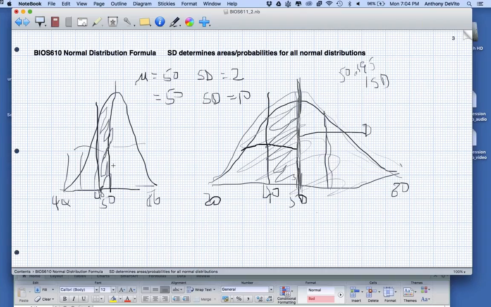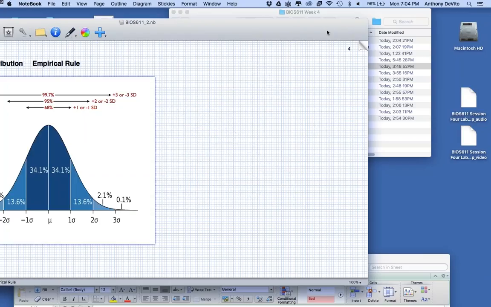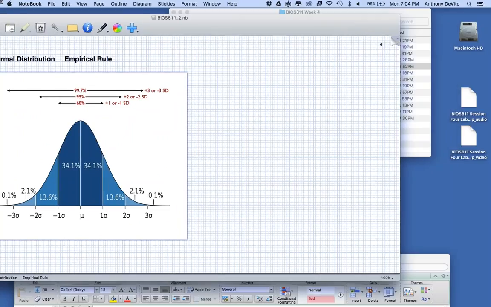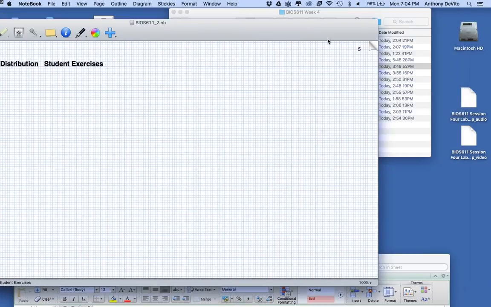Right? They have common properties based on the standard deviation. Okay, so we're going to apply that. In fact, first, before we apply that, believe it or not, there is a formula that you can use to calculate these. I don't think I showed you the formula yet in this part, but we'll get to it in a second.